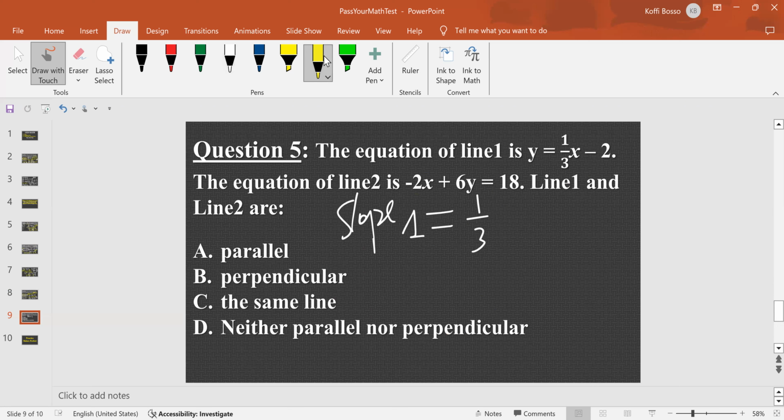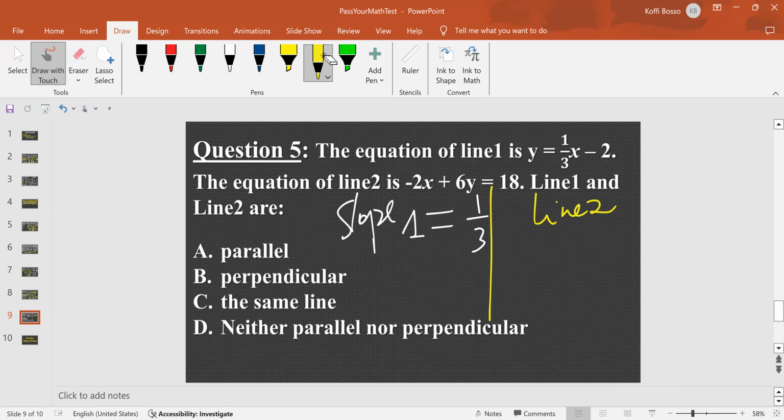Because we already have the form y equals mx plus b, the slope is the coefficient of x, which is 1 over 3. Now the slope of line 2. We don't know yet the slope of that line 2. We have to solve for it.